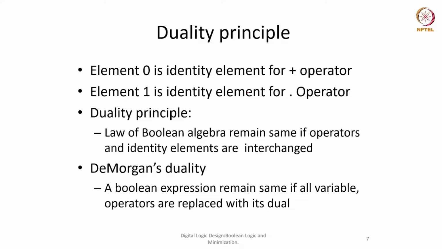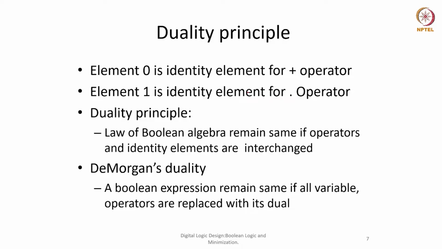There were various examples given, like in a magnetic disk, either it is magnetic or non-magnetic, or the spin of an electron, whether it is clockwise or anti-clockwise. Or similarly, at one place there is light or there is no light. So everywhere we see two different states. One of the states we mark as 0, another state we mark as 1.